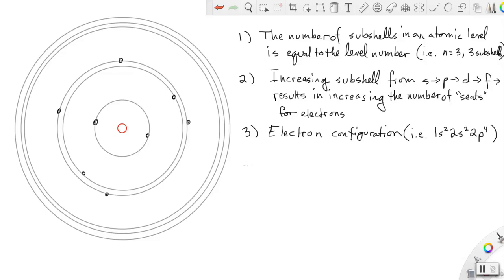Fourth, we looked at the concept of valency or valence electrons, and that is what causes chemistry, essentially. Valence electrons are what causes atoms to interact with each other for the most part.